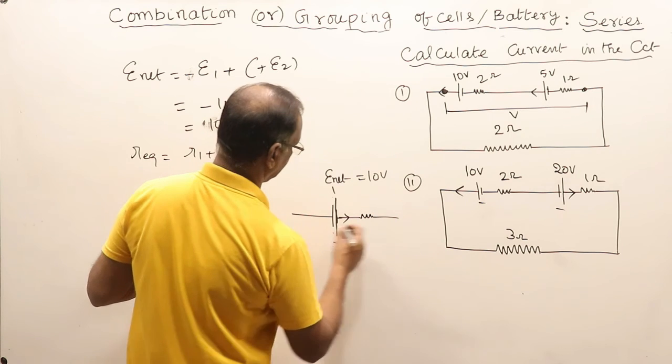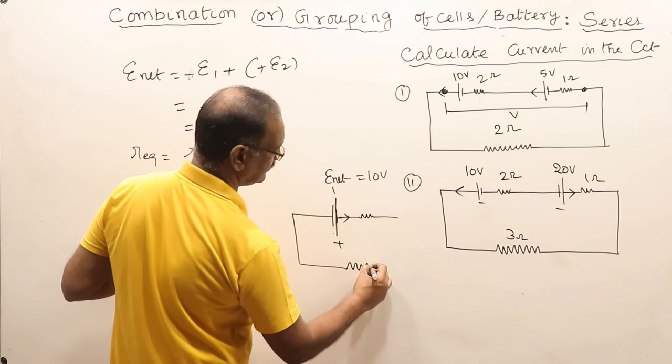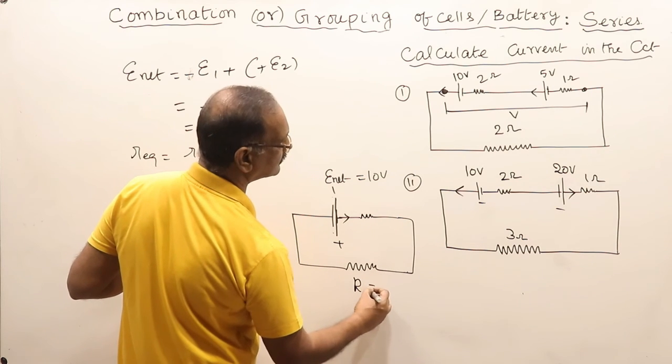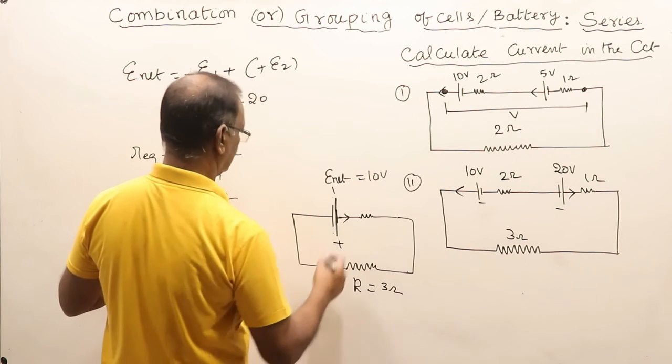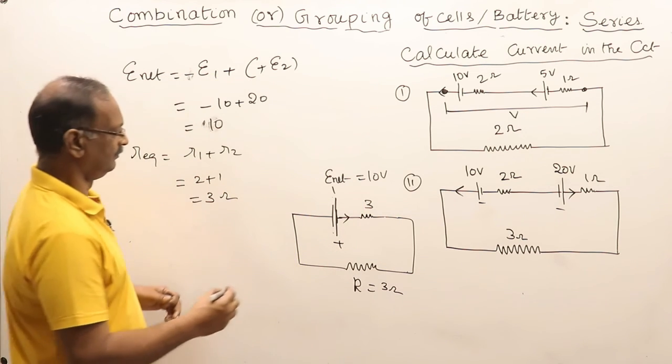This is the internal resistance, and it has an external resistance also. External resistance R is equal to 3 ohm, and R equivalent is 3 ohm.